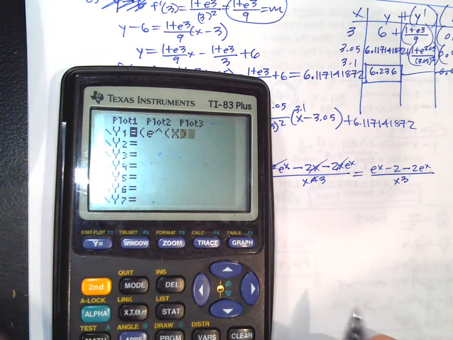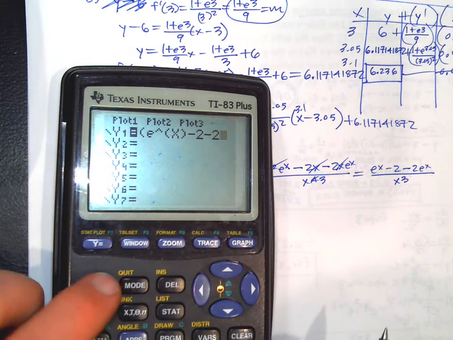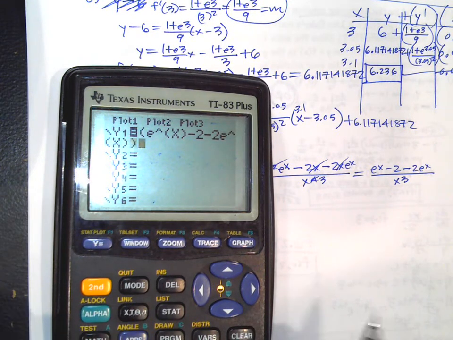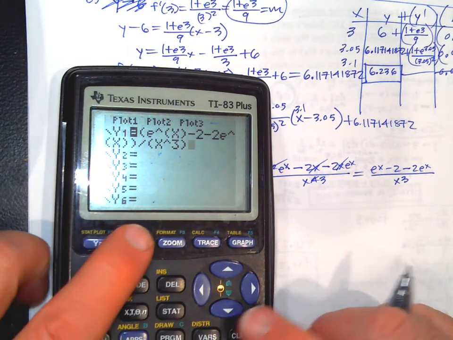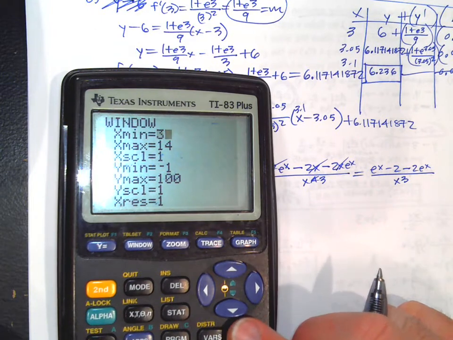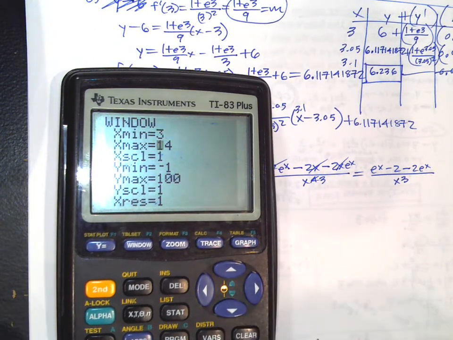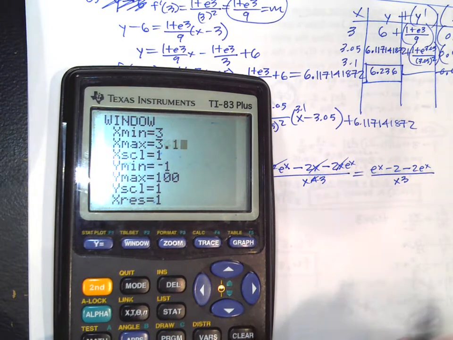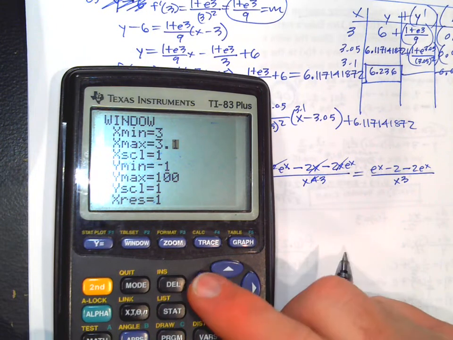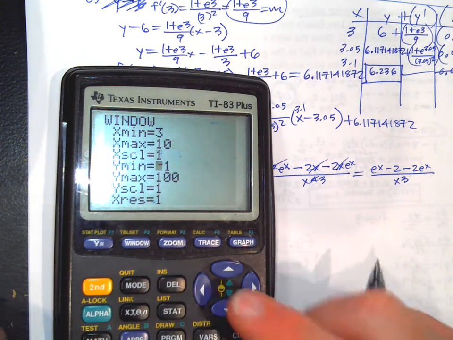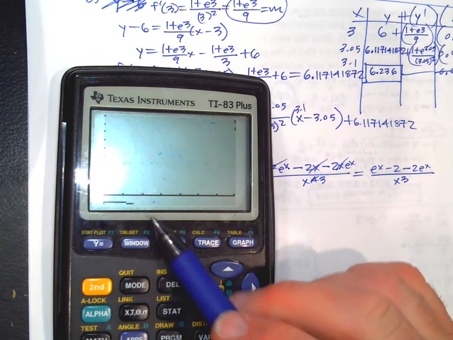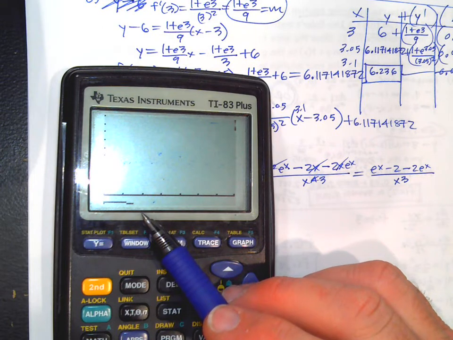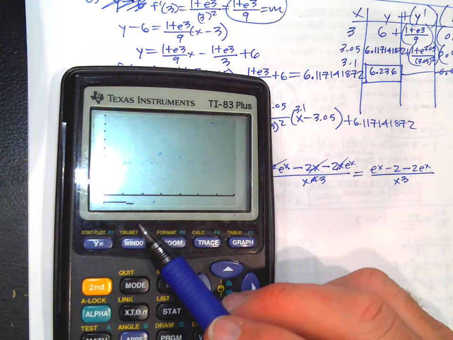Parentheses x e to the x minus 2 e to the x, close, divided by x to the third. Window, looking at 3 to 3.1 is all that really matters. We could say like 3 to 10, and let's just try this. So there's a graph. It's negative down here. Did I do something wrong?